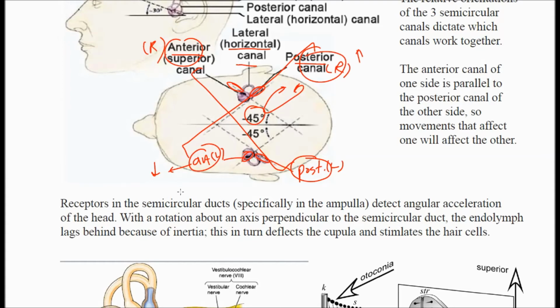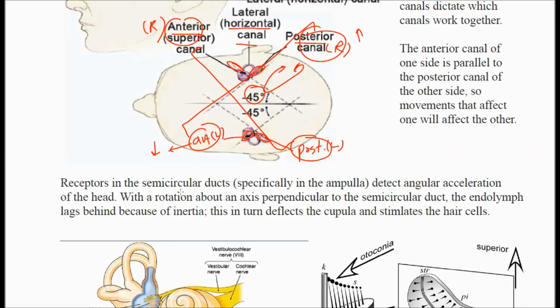One thing that would be relevant to this semicircular canal activation, so lagging of the fluid, would be when there's no lag in the endolymph. So when the endolymph velocity equals the labyrinth velocity, so membranous labyrinth velocity, there will be no lag, so the cupula will stay stationary.